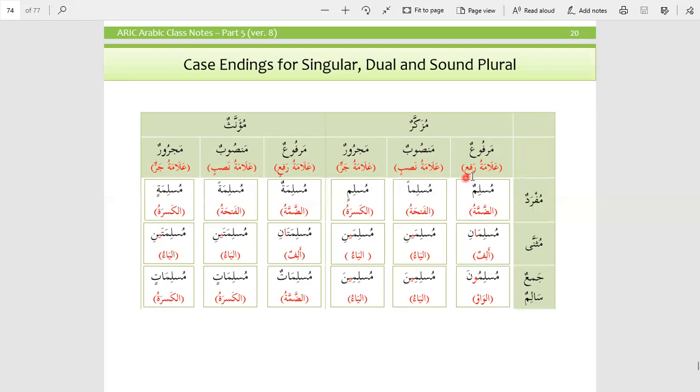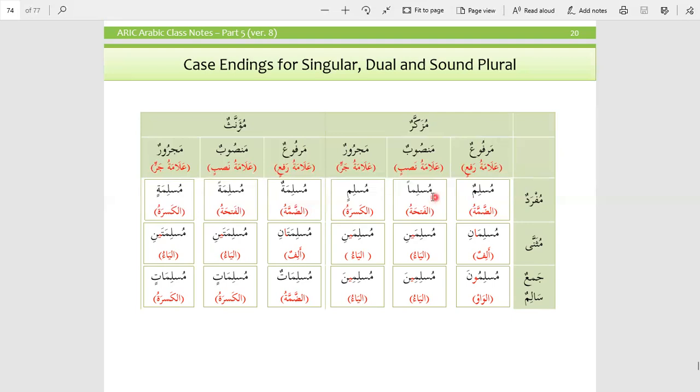It's a sign of marfu'un. You need to memorize this, alamatu rafi'in, because we are going to use this more in book 2. So the sign of marfu'un is dhamma.